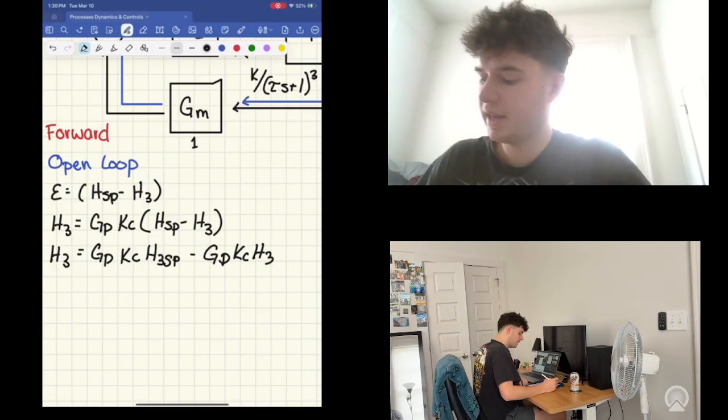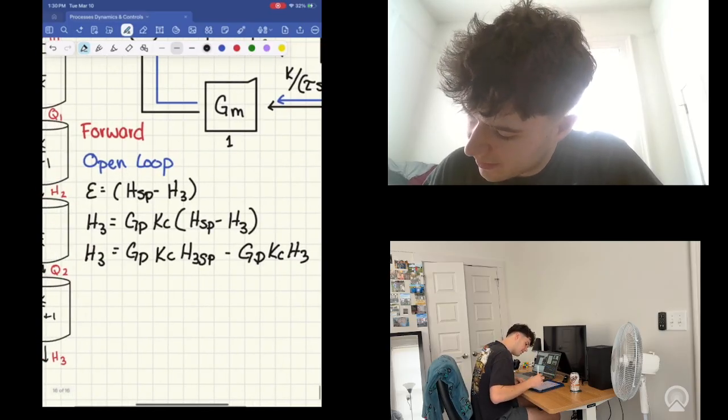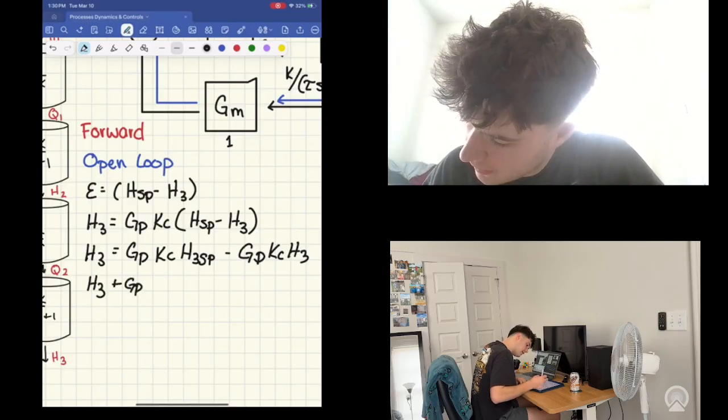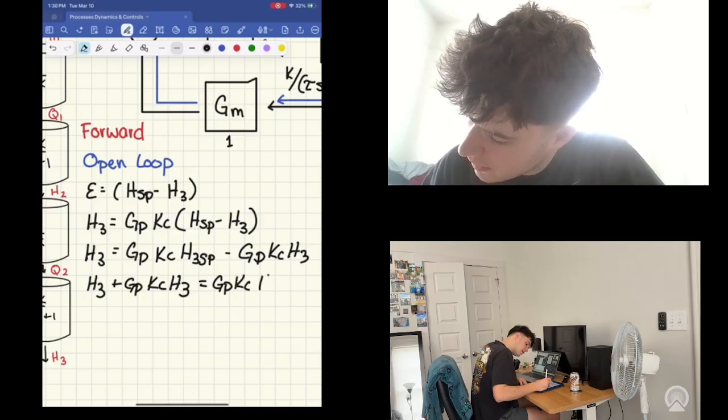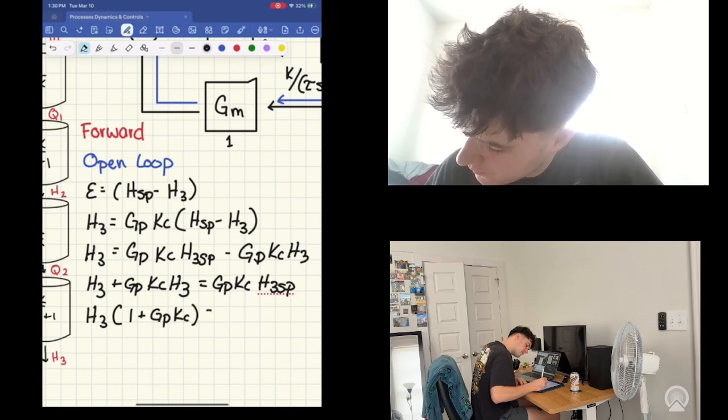So now here we want to get H3 all on one side. I'll walk us through this. We have H3 plus GPKCH3 equals GPKCH3SP. Now here we take this H3 out to get 1 plus GPKC.